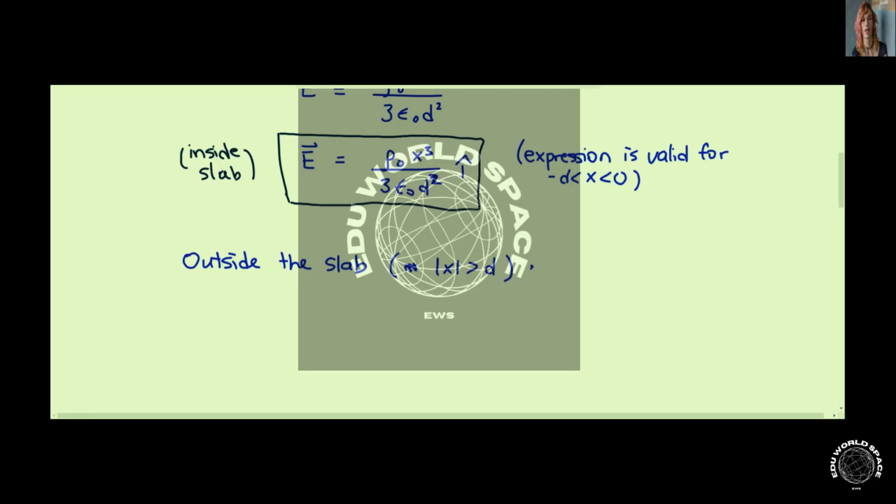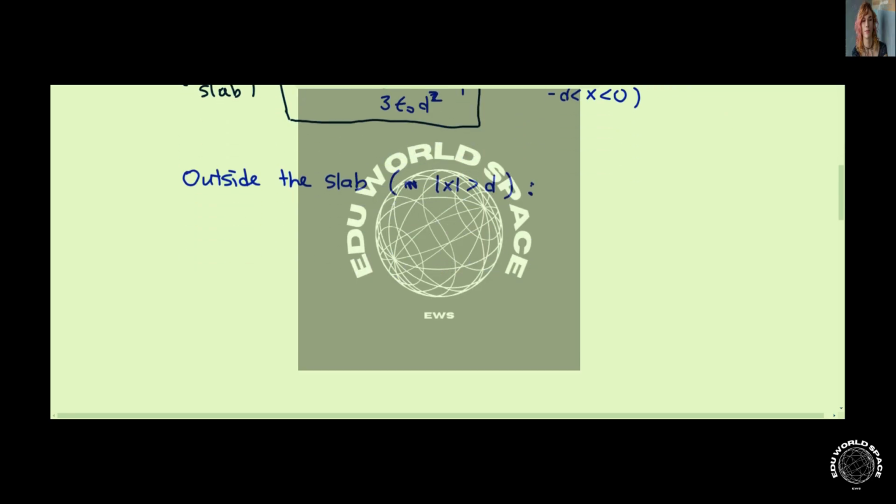Drawing the situation again, this is our slab from minus d to d, and this is the Gaussian surface we are considering, with the x that we are dealing with.